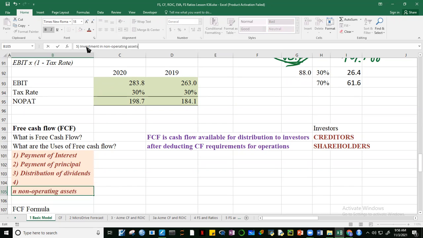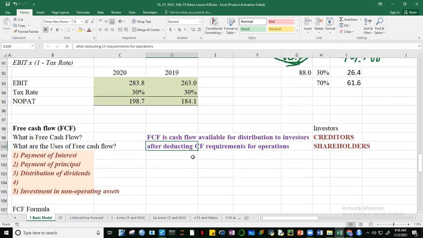Yes, sir. Thank you, Joanna. You're correct. As far as reinvesting in the company in operating assets is concerned, that comes first. What remains, guys, after we deduct cash flow requirements for operations is your free cash flow. Okay, so thank you, Joanna.